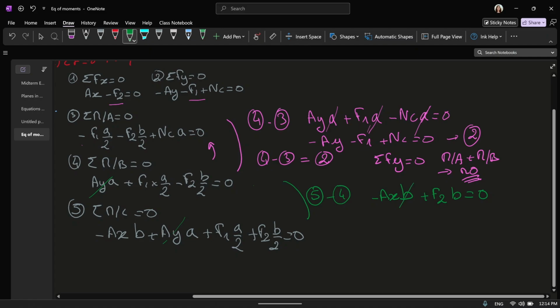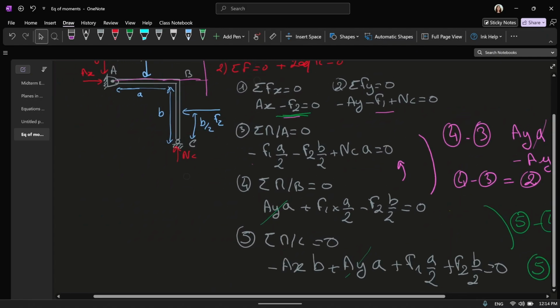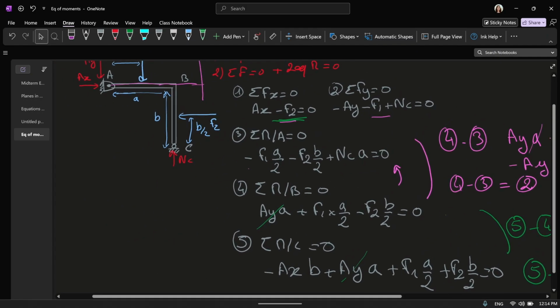We can remove the b, and let's change the sign. We have Ax minus F2 equals 0, which is our equation 1. So equation 5 minus equation 4 equals equation 1. So if we do sum of the forces on x equals 0, we cannot use the moment of B plus the moment of C. No. Because those equations are not independent, the combination of two equations gives us another one.